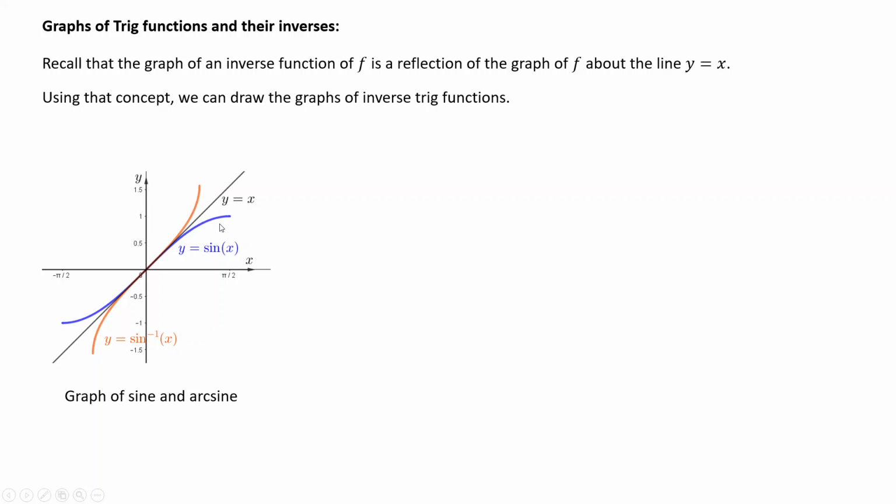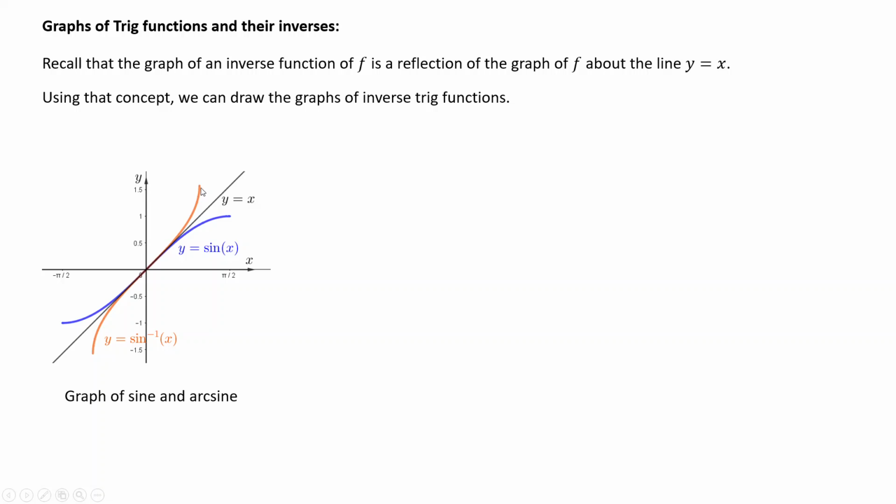Let me tell you how I actually figure out these reflections about a line. Suppose, without loss of generality, I pick this endpoint here. My objective is to find its reflection about the y equals x line. This is what I do. From this point, I drop a perpendicular line onto the y equals x line and extend it.